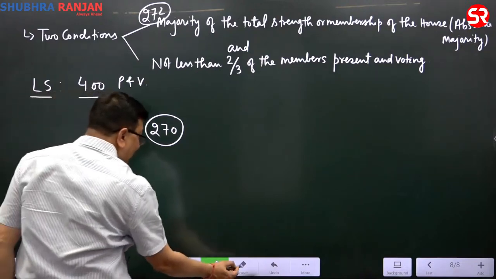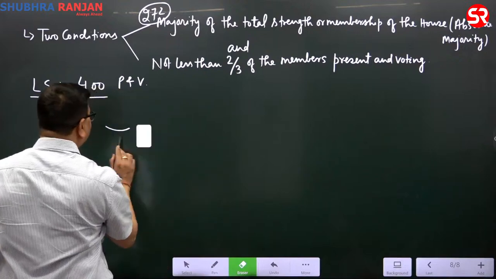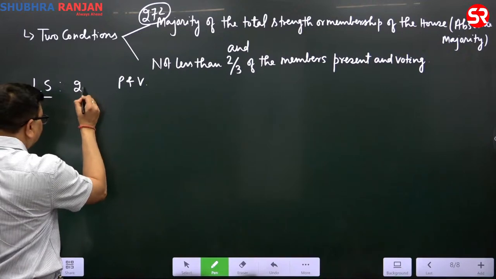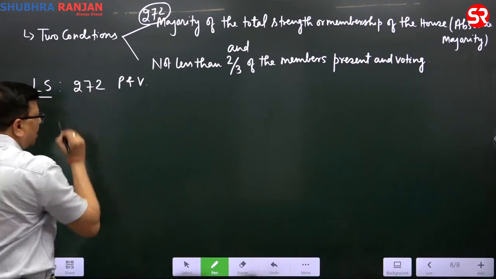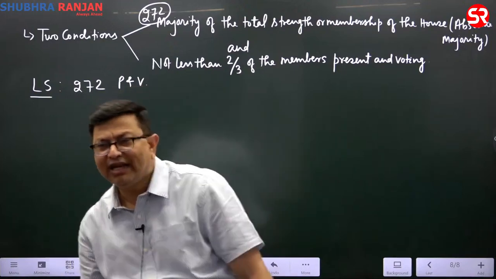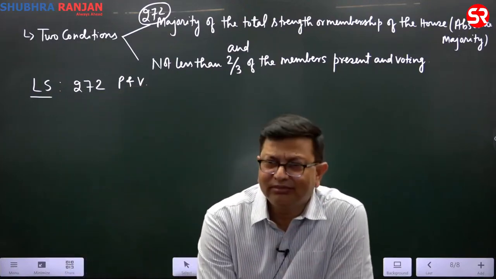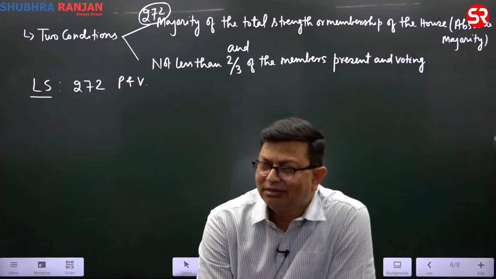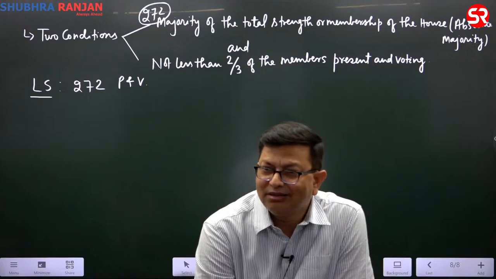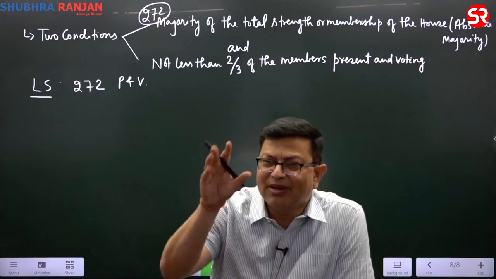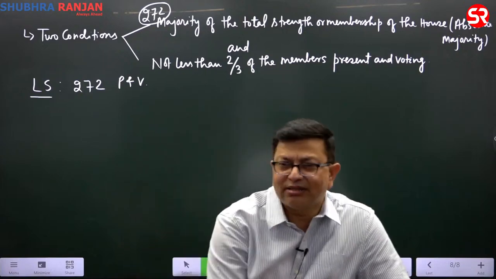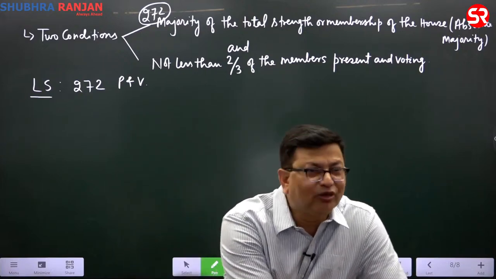Not only this, I will give you another situation. Suppose 272 members are present as well as voting. What will be the number required? A bill requires these two conditions. How many members should vote in favor of the bill?